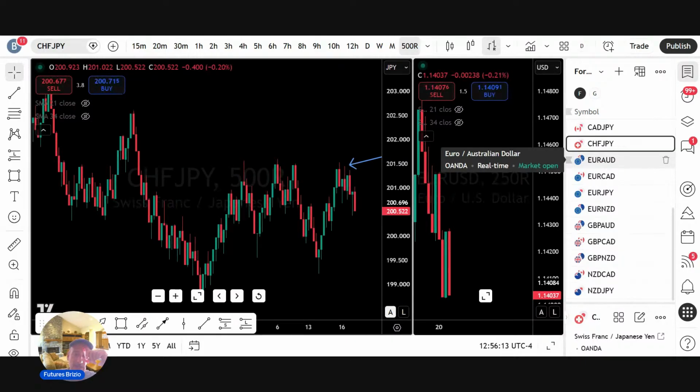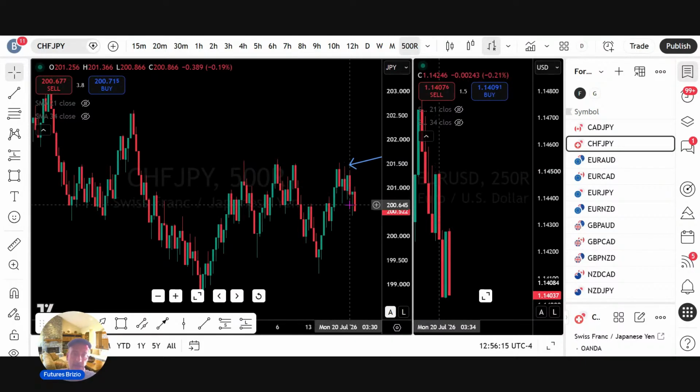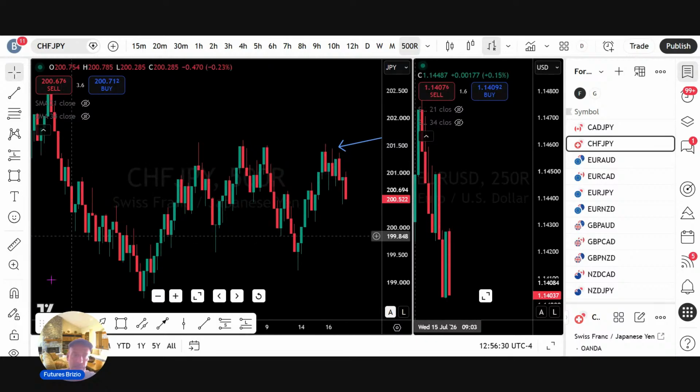Swiss yen, I actually have a short on right now from here. I don't know how good this trade's going to be, but I took it this morning, basically just because we were putting in these lower highs, and then we seemed to break. We had this kind of little consolidation zone. It's not perfect, but we had this right here.